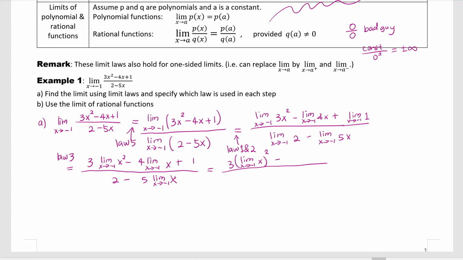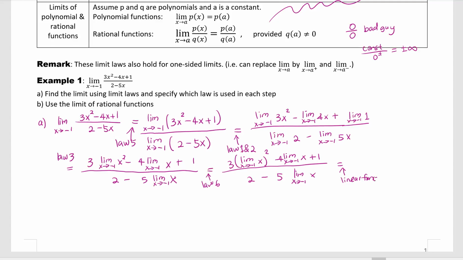Okay. And then here we're using the power law, that's law number 6, right? And then we have limit, well, forget the 4, 2 minus 5 limits, x goes to -1, x. Okay, finally, we know the limits of linear function, okay?